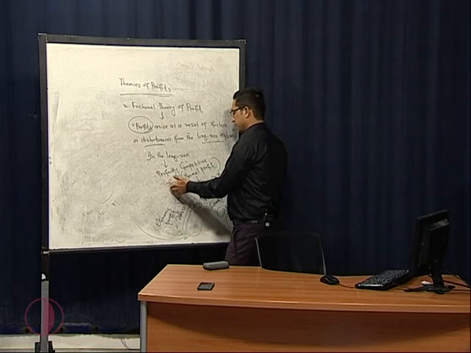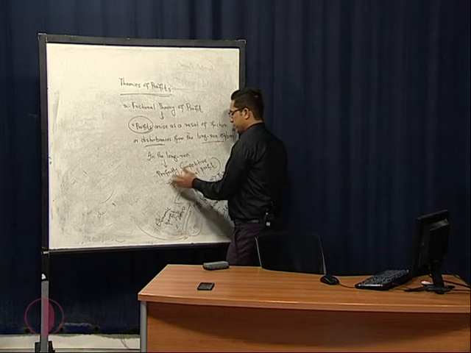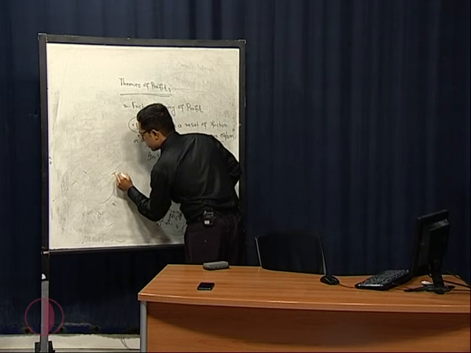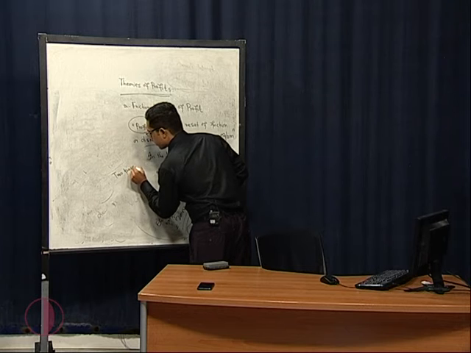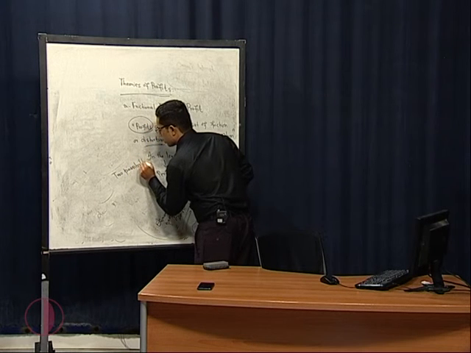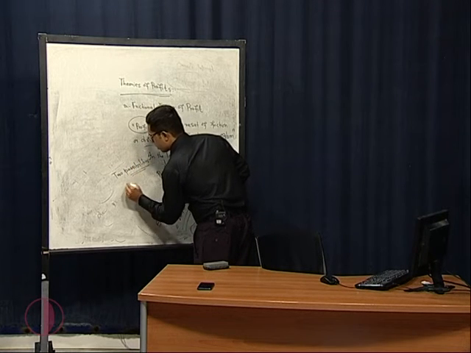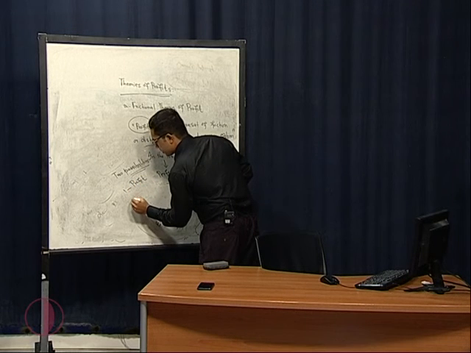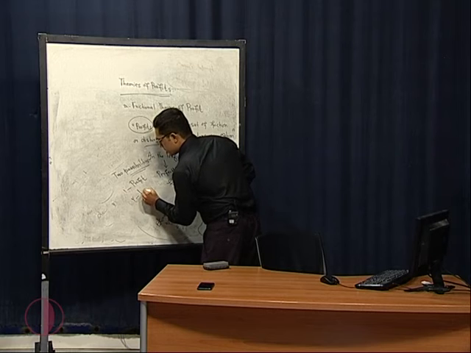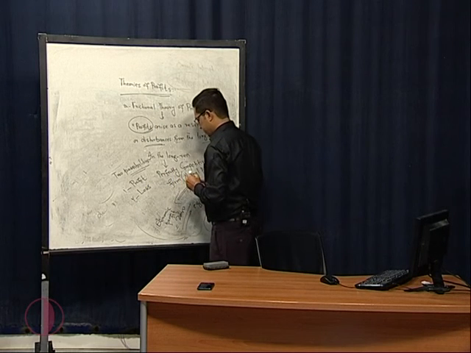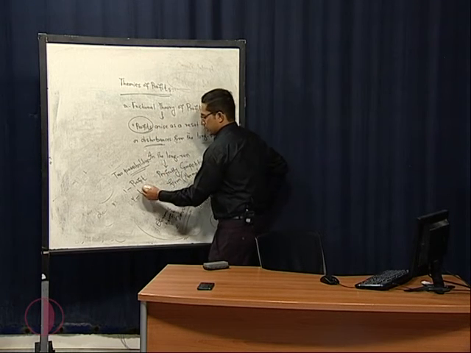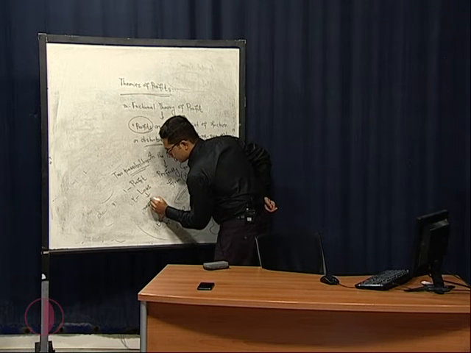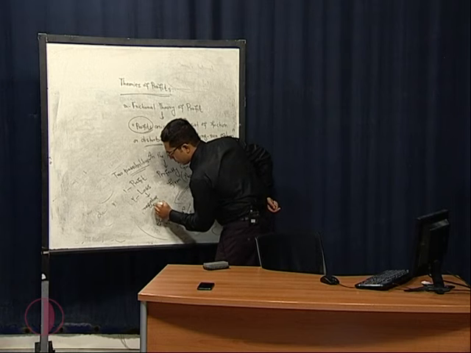But we said that in the long run, a firm will not always be there. Maybe there are two cases, two possibilities. One is profit, the second one is loss. Loss means negative profit.